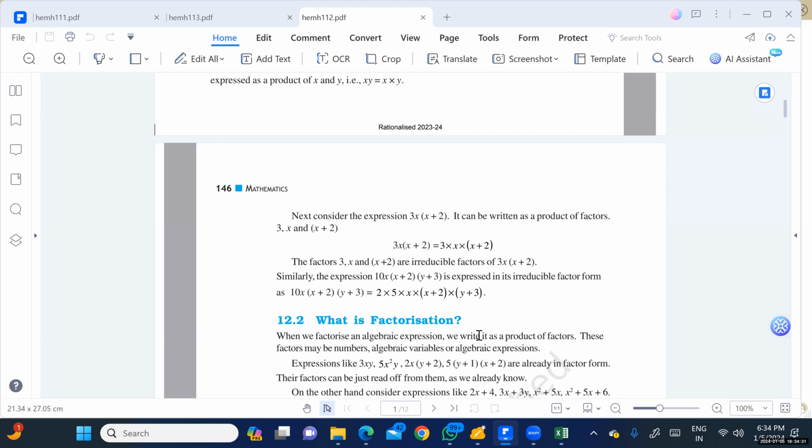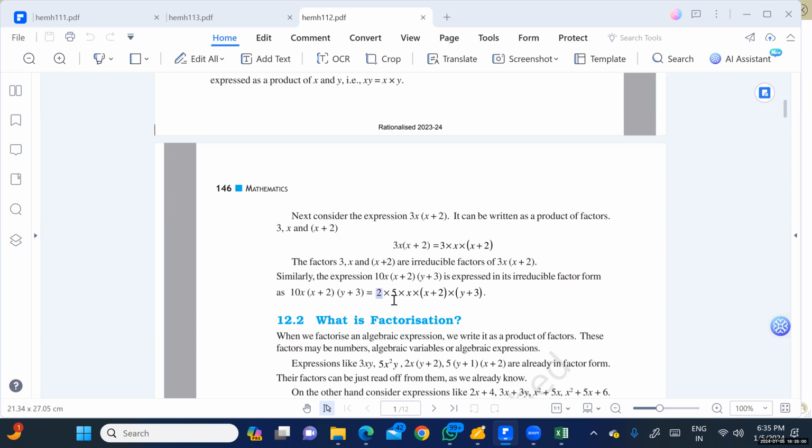Similarly, the expression 10x, x plus 2 multiplied by y plus 3 is expressed in its irreducible factor form. 10x, x plus 2, y plus 3 is equal to 2 into 5 into x into x plus 2 into y plus 3.